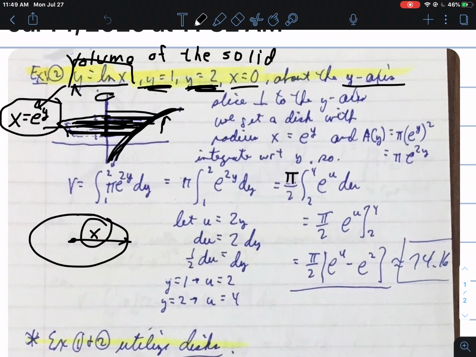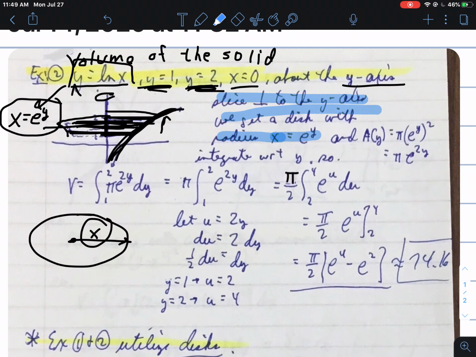So now we have x equals e to the y, so I can replace x with e to the y. There's my radius. So we're slicing perpendicular to the y-axis because that was our axis of rotation. We get a disk with radius x, but I need that in terms of y because I'm integrating vertically with respect to y. So I'm going to replace x with e to the y.